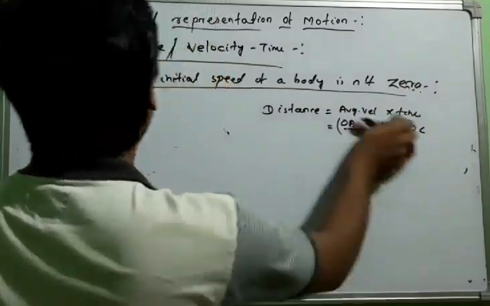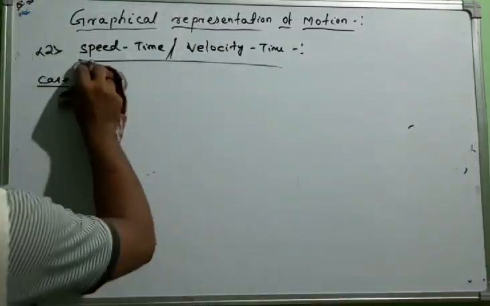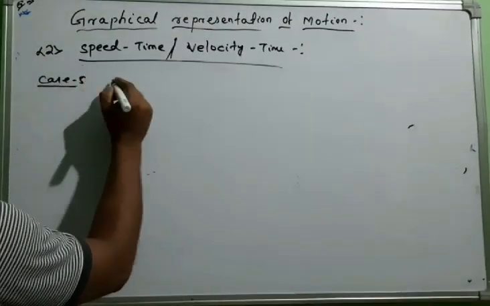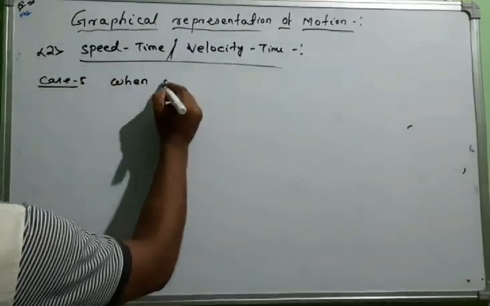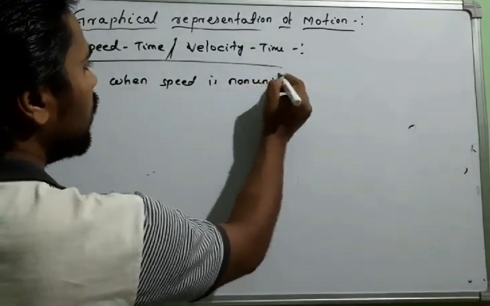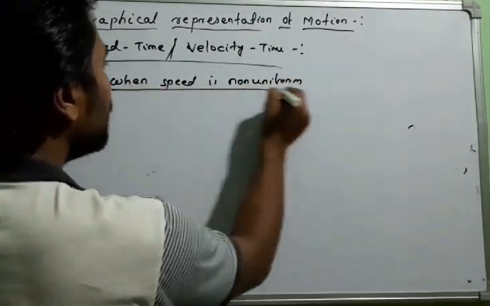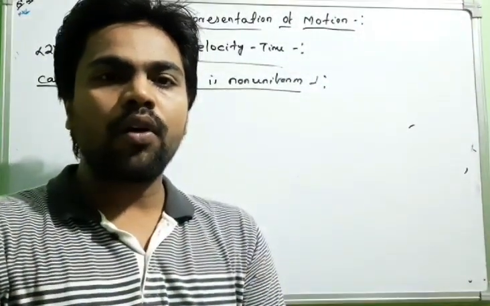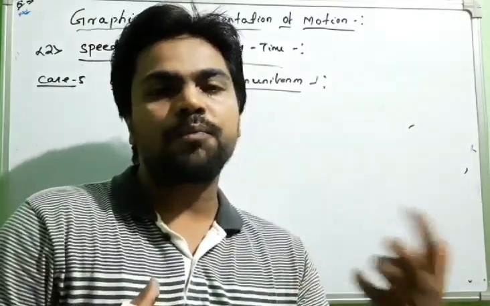Now next, write down case number 5. Last case: when speed is non-uniform, it means unequal amounts of speed. A body travels unequal amounts of speed in equal intervals of time.